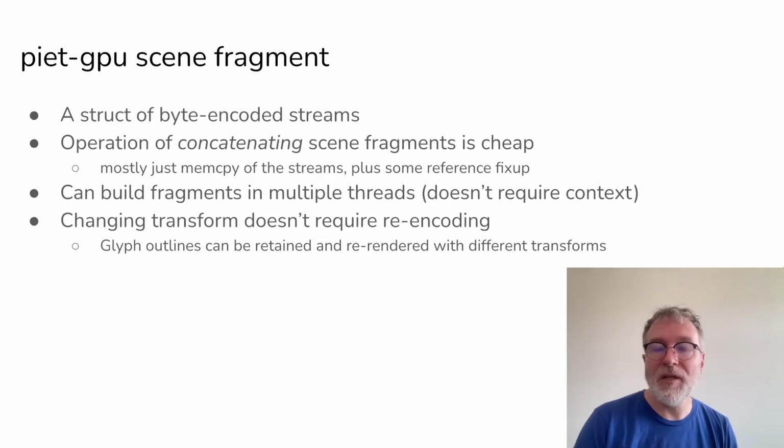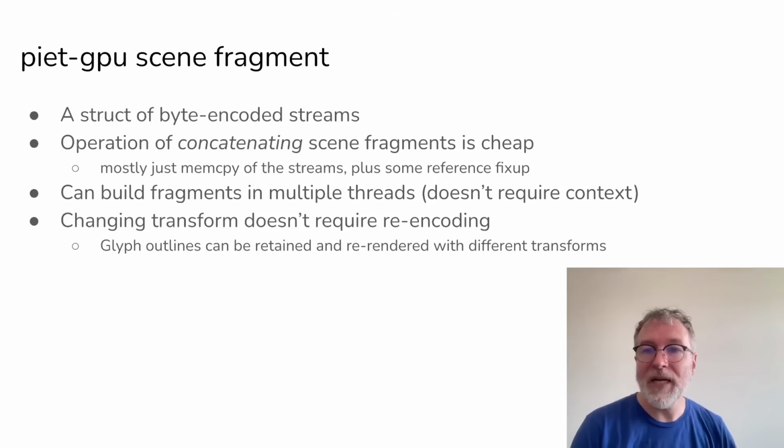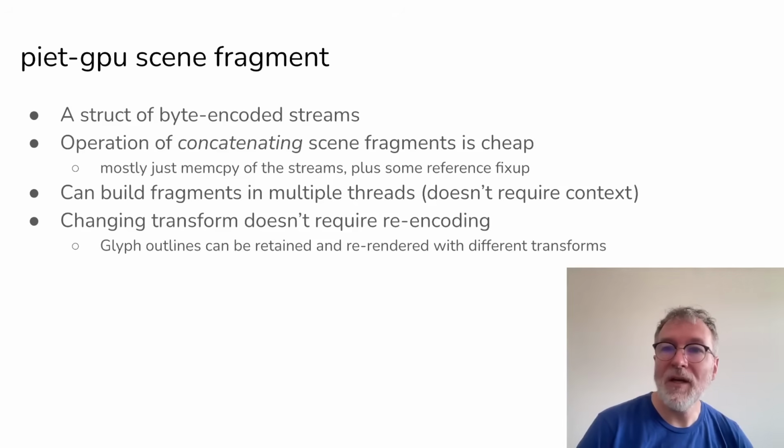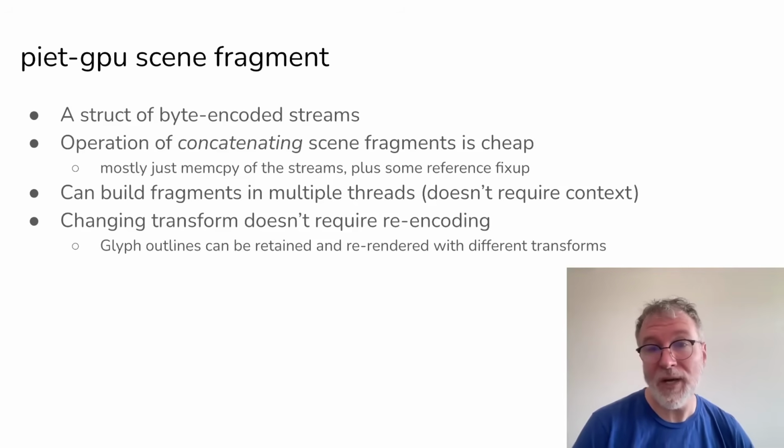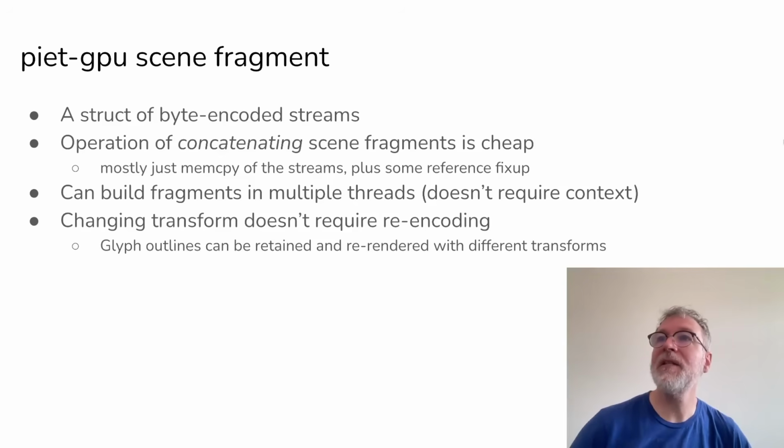There's some discussion in the chat about compatibility of compute shaders. WebGL does not support compute shaders, but WebGPU will, and WebGPU will land shortly. As a matter of fact, I have a slide, might be the next slide. Let's see if that's coming up.